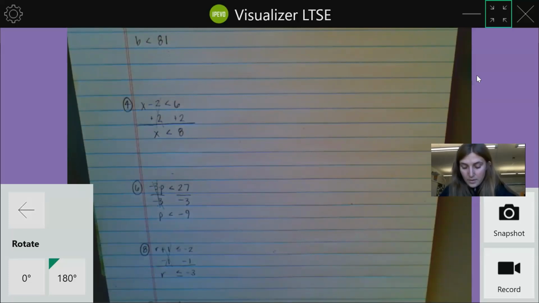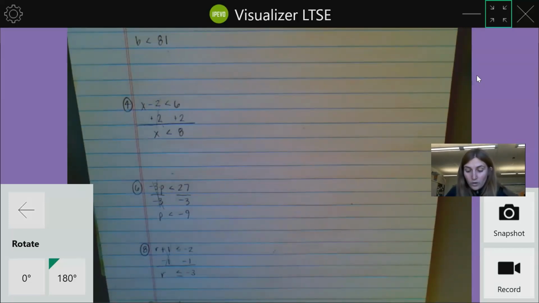Okay? So it's going to be different for me because I'm in teacher mode, but if I go to my assignment, whatever it is, I will get a button there where I can submit a picture from my phone for the assignment.